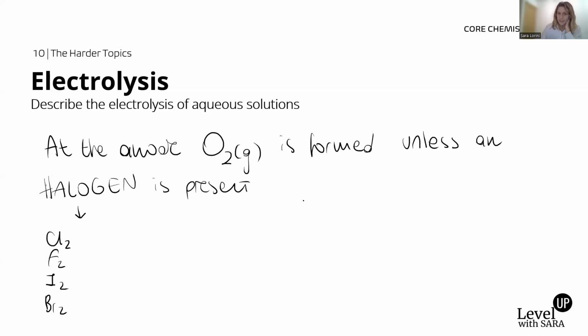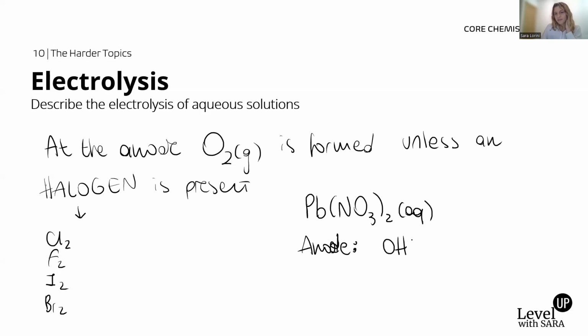An example of a different one would be, let's say, lead nitrate in aqueous solution. At the anode, we could have the hydroxide ion from the water and the nitrate ion from the lead.